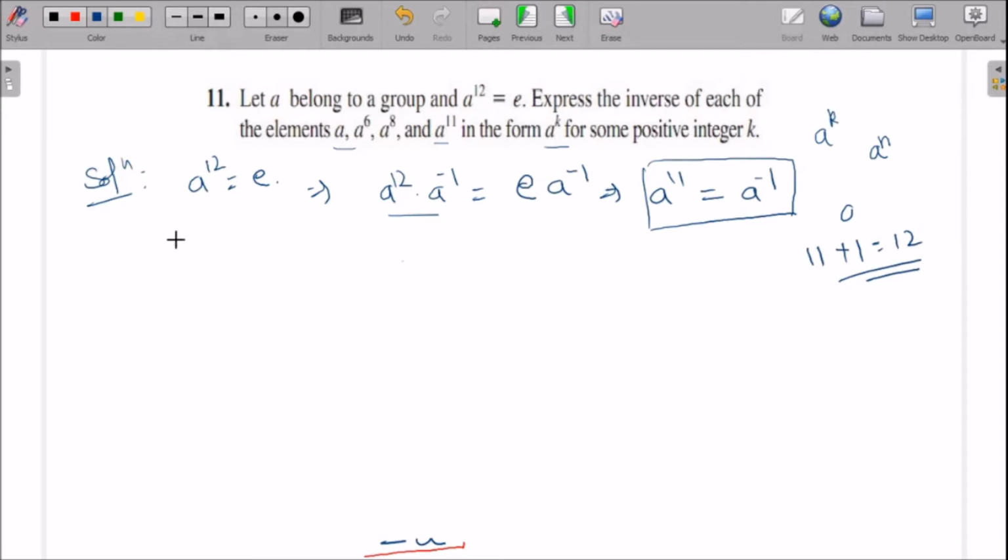Similarly we can find the inverse of a to the power 6. a to the power 12 equals identity implies a to the power 12 into a to the power negative 6 equals a to the power negative 6.